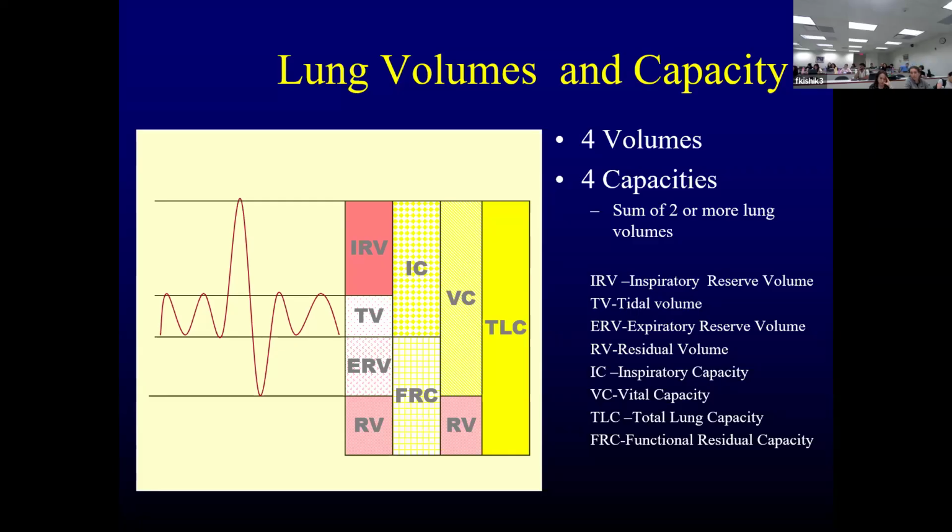If you're very tall and your thoracic cavity is big, chances are you have a high tidal volume; if smaller, very small tidal volumes. So in general, a normal tidal volume is around 500 cc, and it can be from 400 to 550 cc, depending upon height, age, and sex.